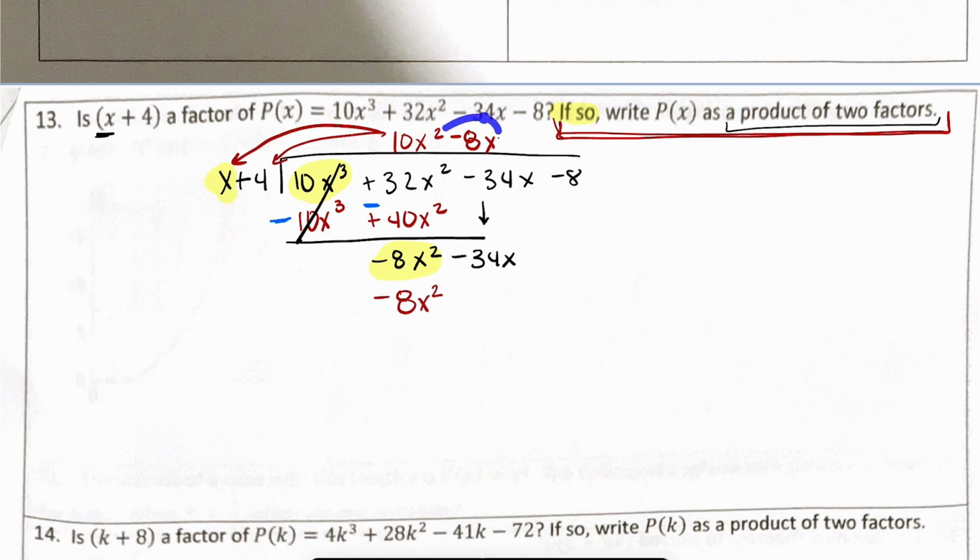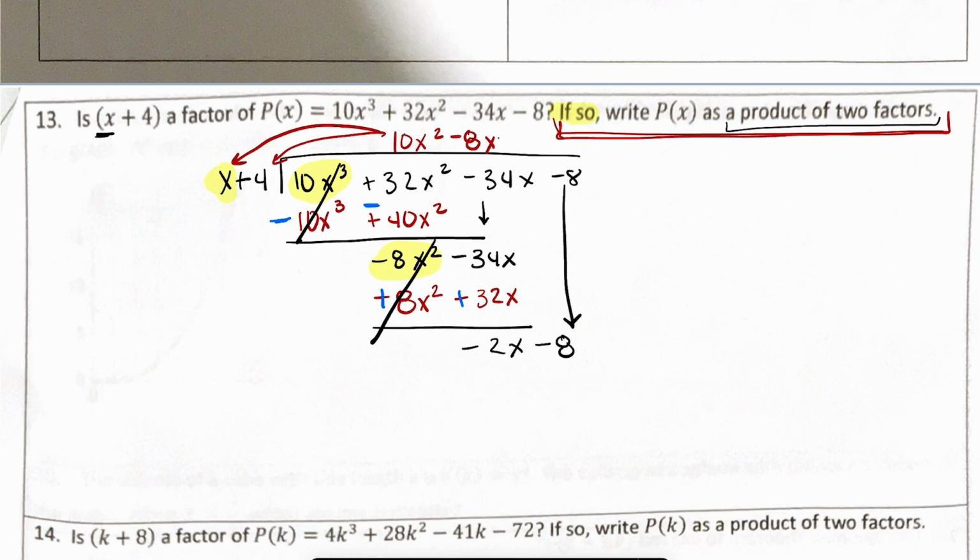Remember, we have to multiply to both terms here, which becomes negative 32x. And then we would distribute the negative, which would make the signs flip. That cancels here. We are left with negative 2x minus 8.